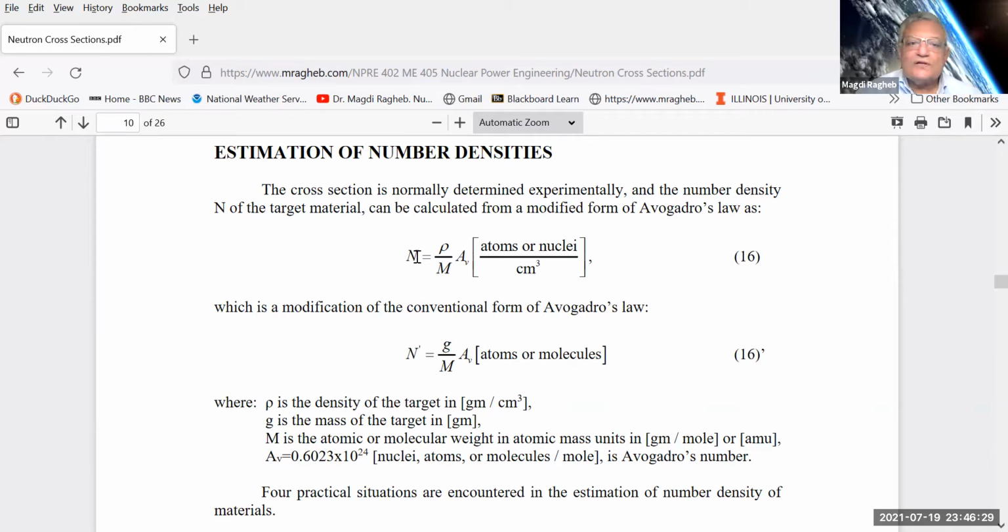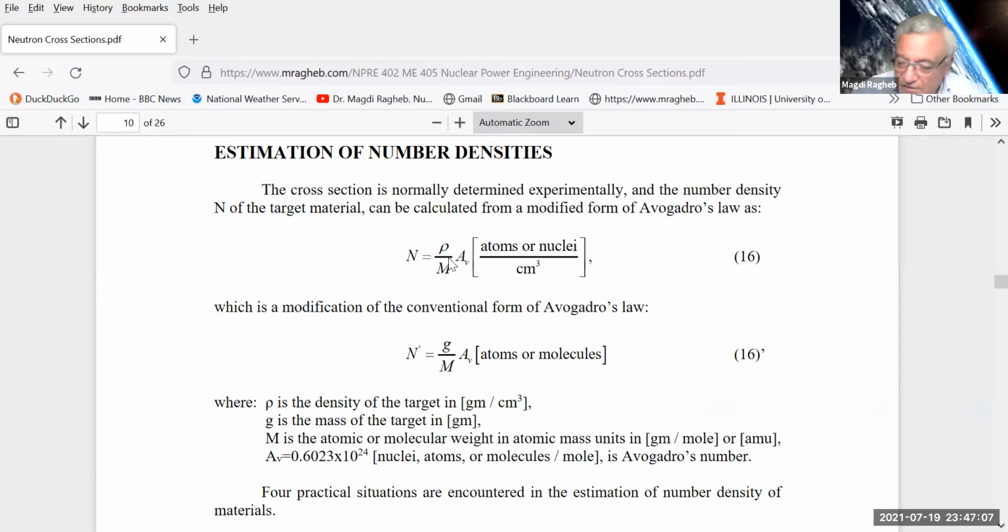Sodium is used as a coolant in fast reactors. In that case, we are interested not in the original form of Avogadro's law, taking the mass divided by the molecular or atomic weight multiplied by Avogadro's number, but in the atoms or nuclei per cubic centimeter. So we divide the mass by the volume, and mass divided by volume is the density. The simple equation for calculating number densities is basically the modified form of Avogadro's law that we are given here.